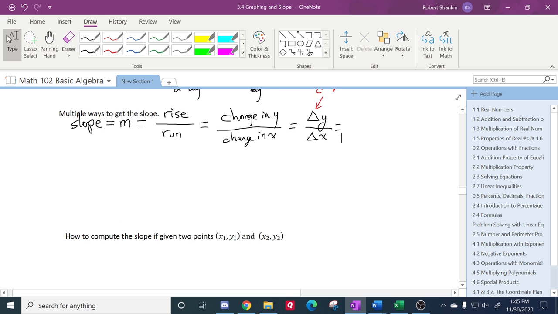Now, why do we have a subscript of 1 on these first points? Because this is the first point. The subscript's just referring to, that's my first point, and so the subscript of 2 is for the second point.